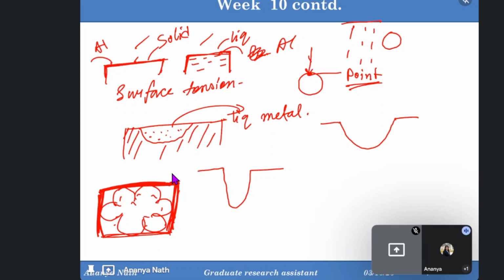If there is a huge gradient of surface tension between these two materials, because already there is a huge temperature gradient between the mold wall and the liquid material, and over that there is a huge surface tension difference, then d lambda by dt will be very high.